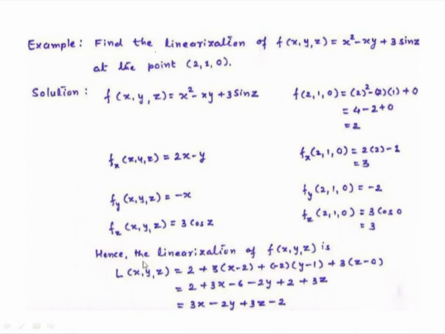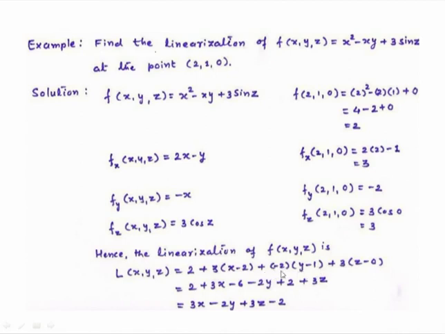Hence the linear approximation of the function f of x, y, z is L of x, y, z, which is equal to 2, this 2 is f of x0, y0, z0, plus 3 into, this 3 is for the partial derivative with respect to x at the given point. So del f by del x at 2, 1, 0 into x minus x0 is 2, plus del f by del y into y minus y0.